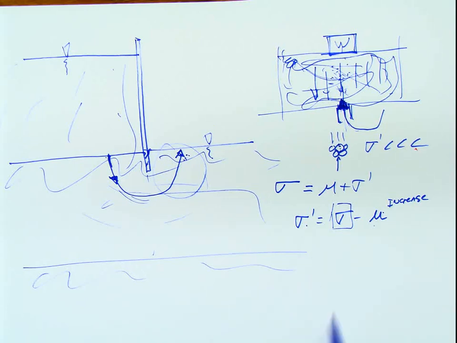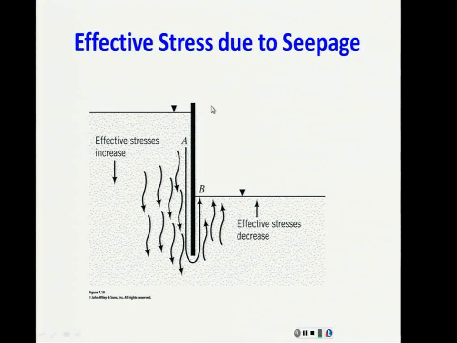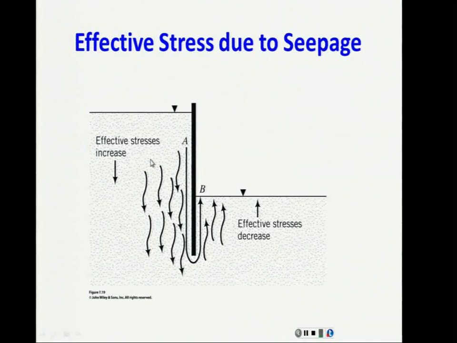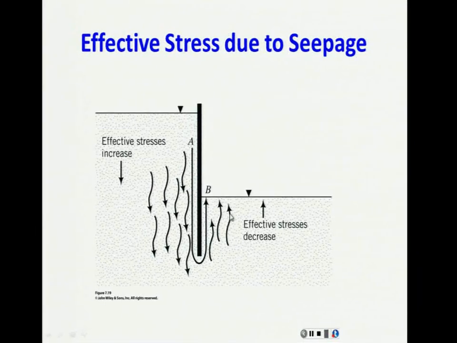For upward seepage, the pore water pressure is going to increase and the effective stress is going to decrease. Okay, this is what I was referring to before: effective stress due to seepage. Effective stress increases when you have downward seepage, and decreases when you have upward seepage. That happens because of the buoyancy force that is acting in this part.